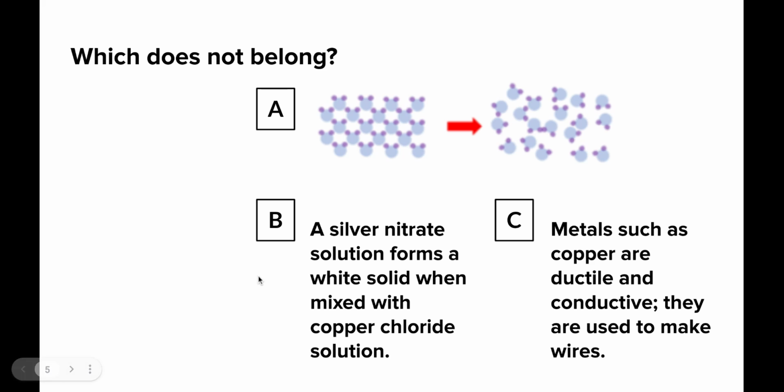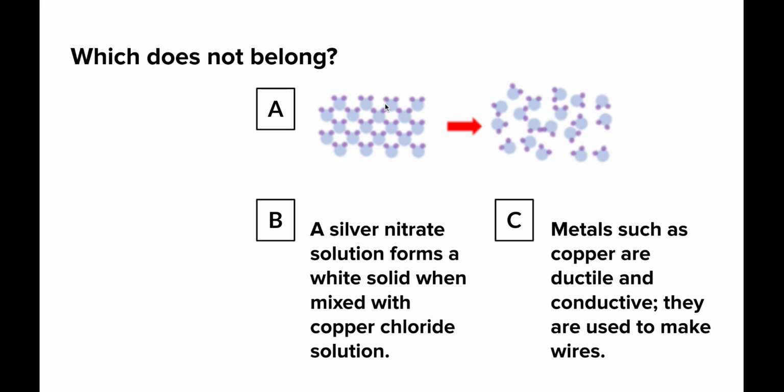Okay, in this example, B does not belong because B is a chemical change. A is a physical change. You can see that in the particle diagram, you have a blue with two purple, and that's the same thing here. What is happening is these particles are just getting further apart, so there's probably heat being added and causing a phase change.